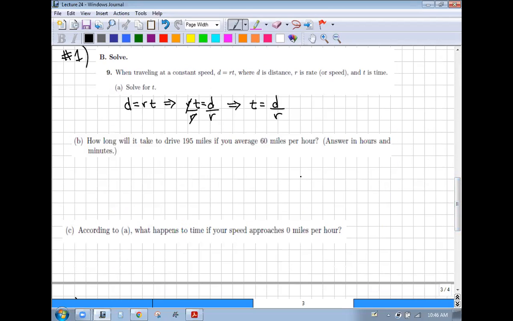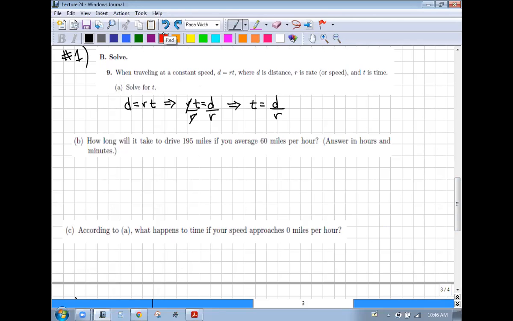Now let's look at B. How long will it take to drive 195 miles? So that's your distance. If your speed is 60 miles an hour, they say average speed. Well, if you're going at a constant speed, then your average speed is your constant speed, right?